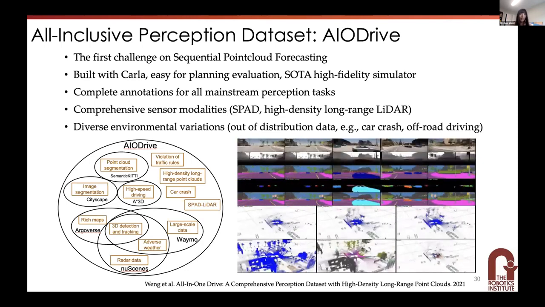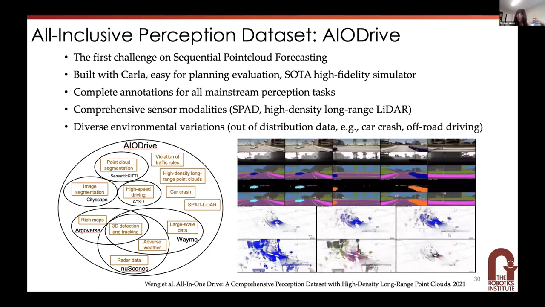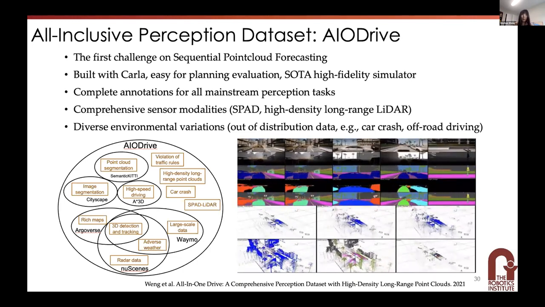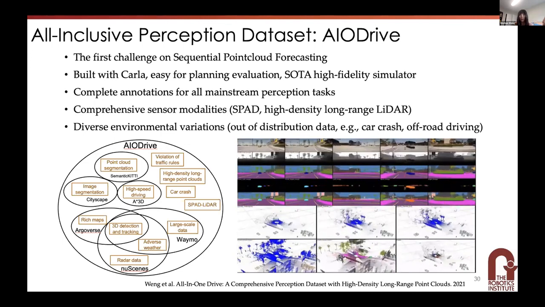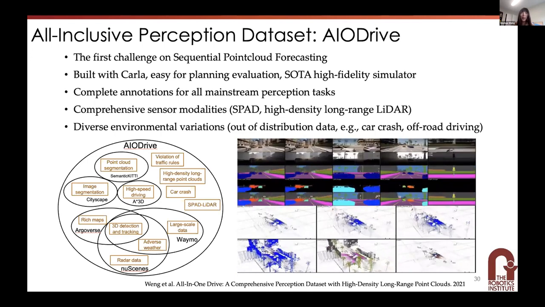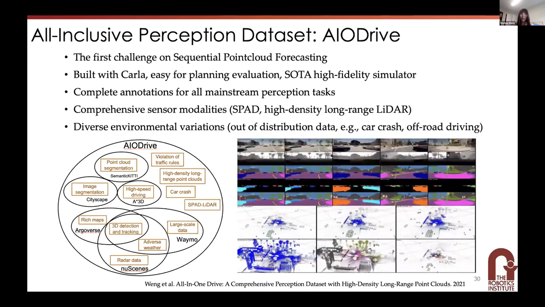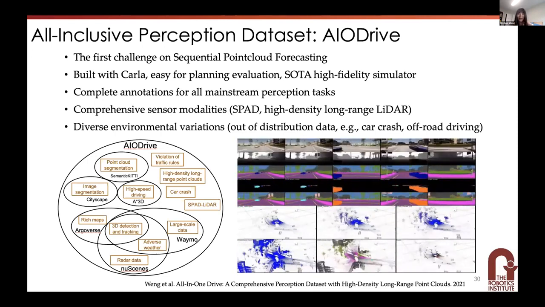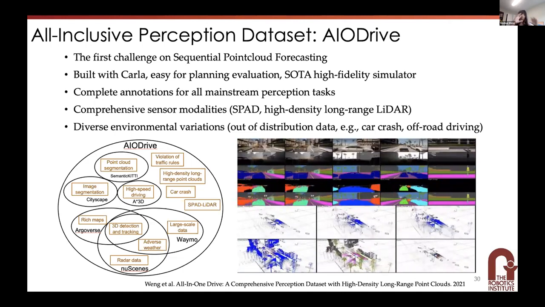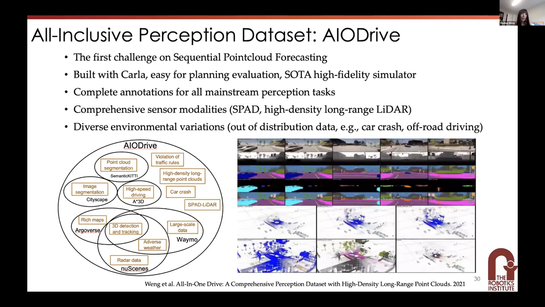We define that in advance so that you can generate this out-of-distribution data. But most of the data are still in distribution, so it matches the real world. You don't have a lot of car crashes in the real world, right? So that's the main feature of this dataset.